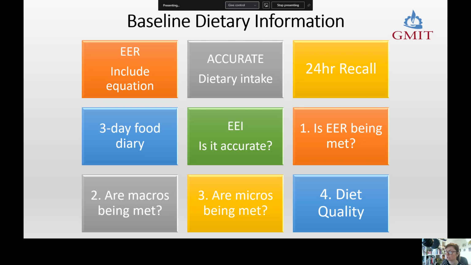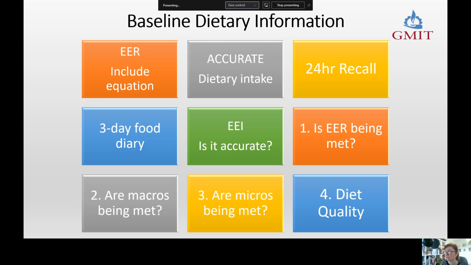And then you might also just look at diet quality. So are they eating 5 to 7 fruits and veg in a day? Is it whole grains? Are those lean sources of protein, or are they actually loads of processed foods and processed meats? So when you're looking at the dietary information, you need to make sure that it's accurate.